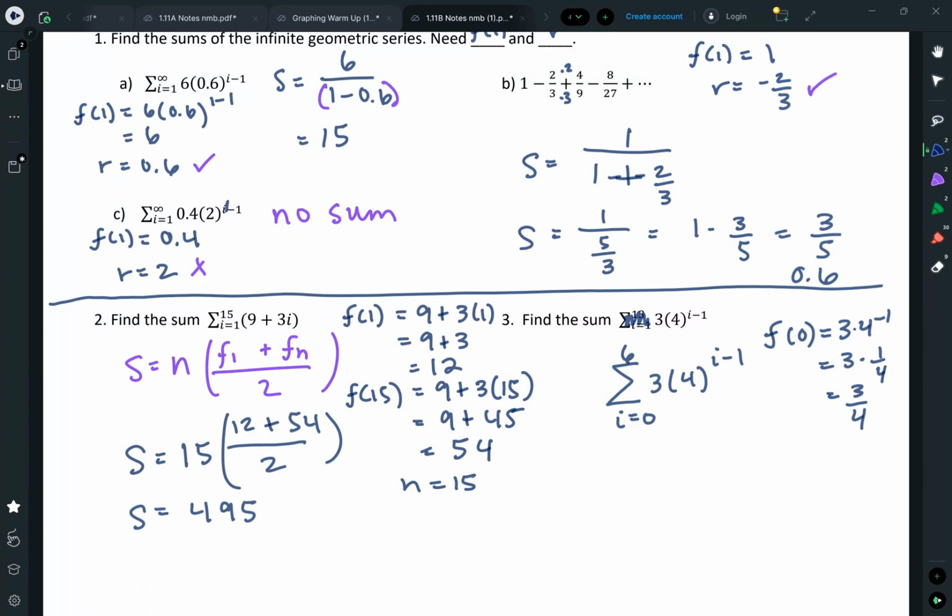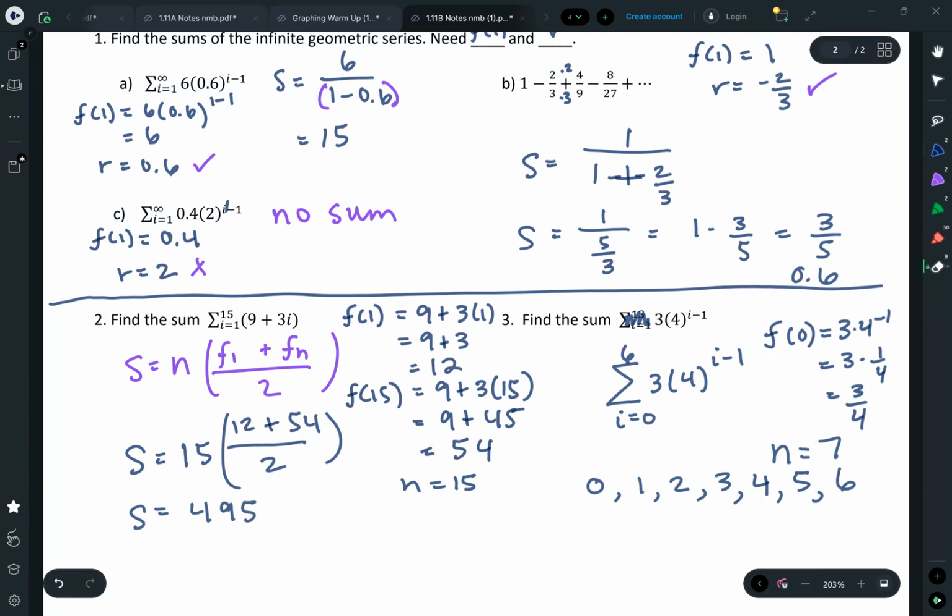The next thing that's weird is n is not going to be 6, because I'm starting at 0 and including it. I'm adding the 0 term, the first term, the second term, the third term, the fourth term, the fifth term, the sixth term. So it actually ends up being 7 terms. My r here is the 4.